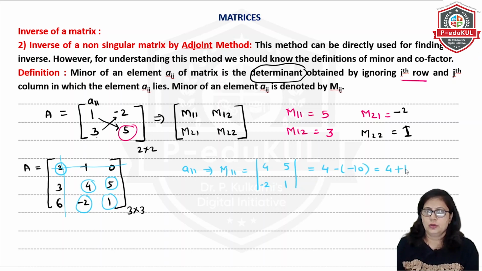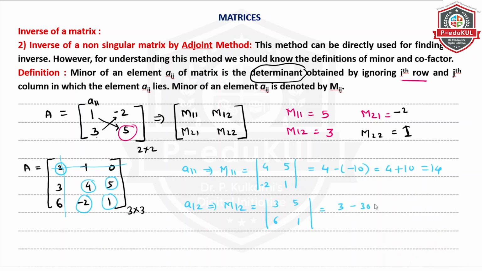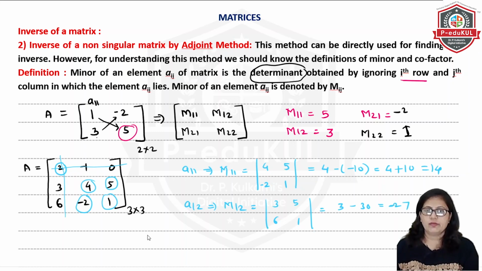So here my minor will be 14. Now for the second element A12, my minor is nothing but M12. So I'll be ignoring this row and this column. So if I ignore this column, I'll get the elements as 3, 5, 6 and 1, and then my minor's value will be -27.